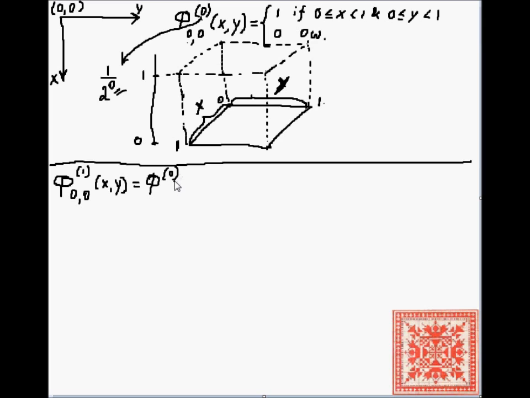So let's define the 4 square step functions that can be derived from our basic square step function. The first one is phi 1 sub 0, 0 of x and y.